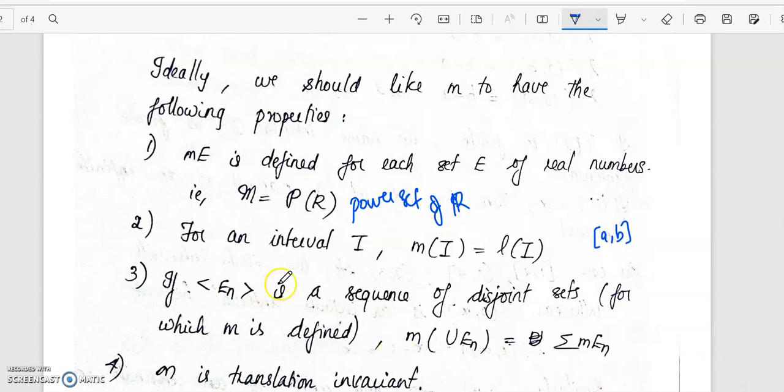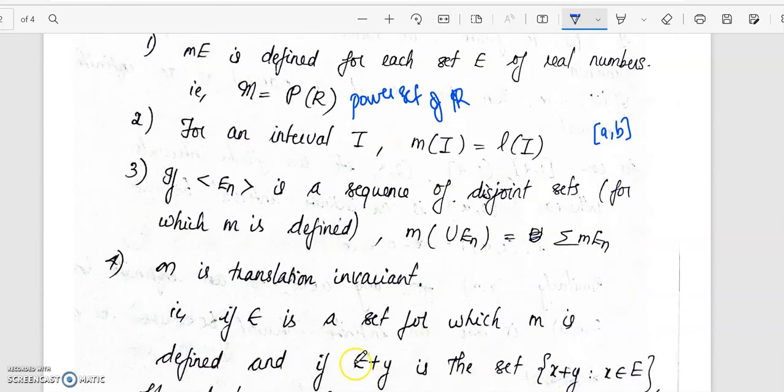Third, if you have a sequence E_n of disjoint sets where m of E_n is defined for each E_n, then the measure of the union of E_n will be equal to the summation of the measures of each E_n. And the last property it must have is translation invariance. So measure must be translation invariant.